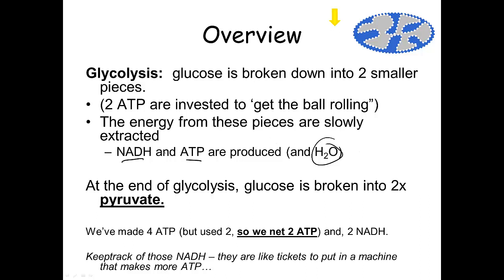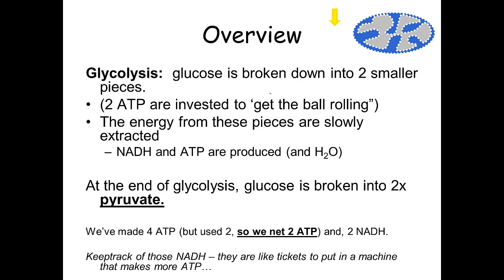At the end of glycolysis, glucose is broken down into 2 pieces called pyruvate. Pyruvate is a 3-carbon molecule. So we're going to make 4 ATP and we use 2. So we say we net 2 ATP as well as 2 NADH. Now I want you to keep track of these NADHs. They are the tickets to put in a machine that makes more ATP at the end of all of this.